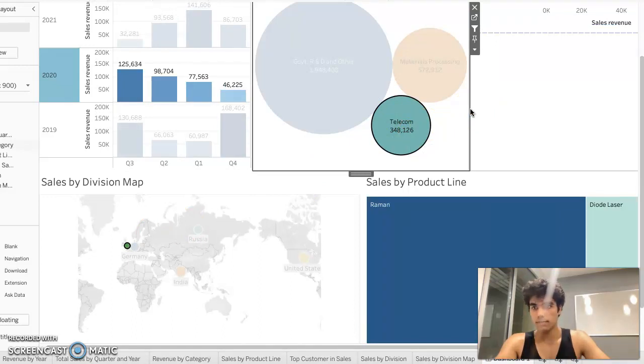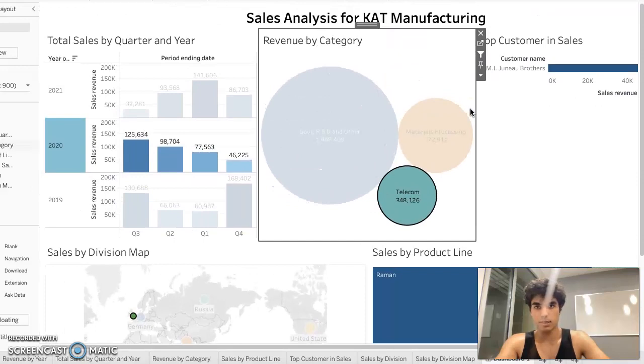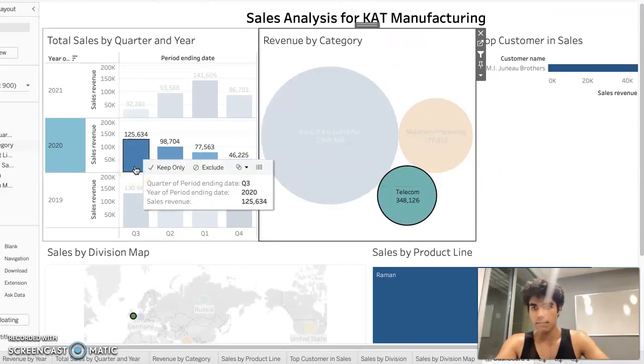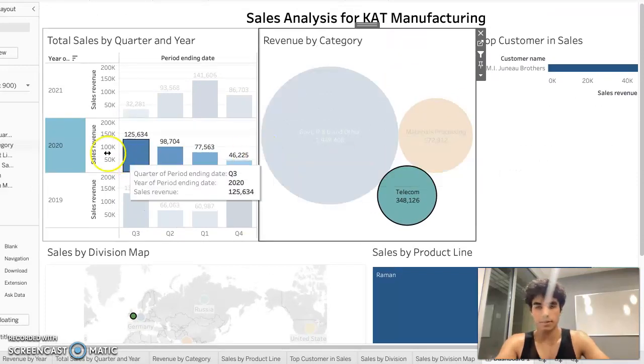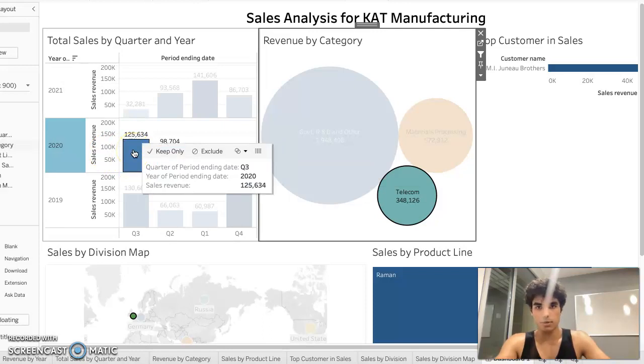So the third quarter had the highest sales in the telecom category in 2020 with the sales of $125,634.